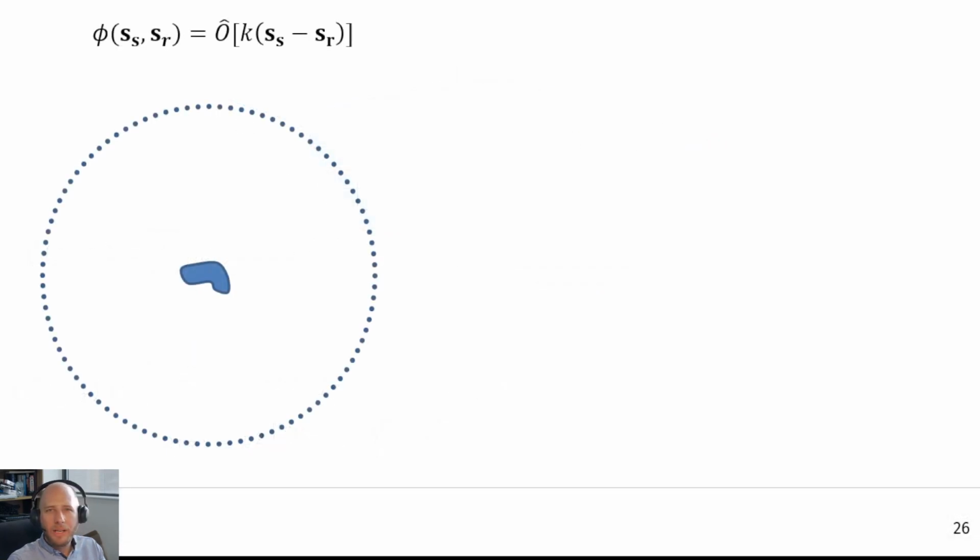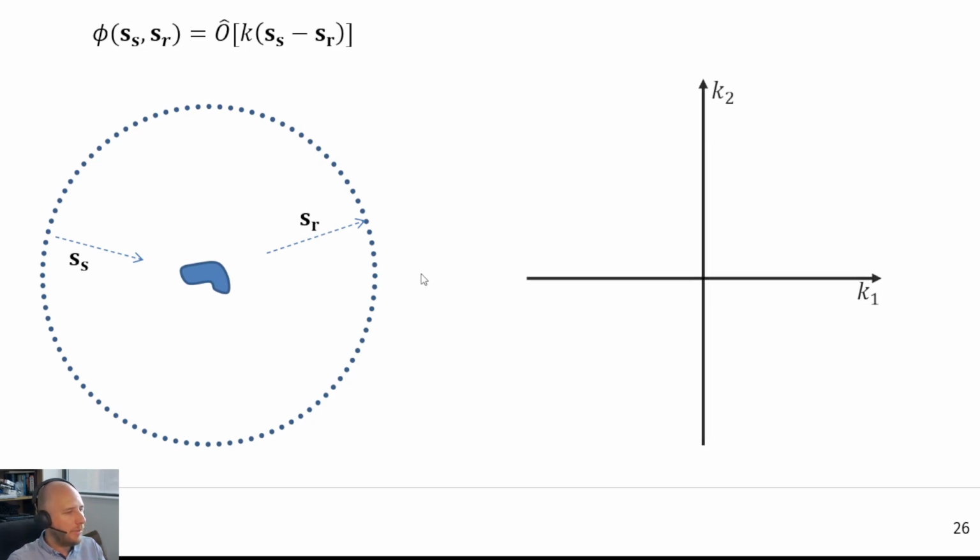Let's think about what that actually means in reality and try to illustrate this. Here you've got a particular source and receive direction with our circular array and our scatterer in the middle. We now introduce what's known as K-space. This is something that's talked about a lot in medical imaging, particularly for MRI. Essentially K-space is the Fourier transform version of reality.